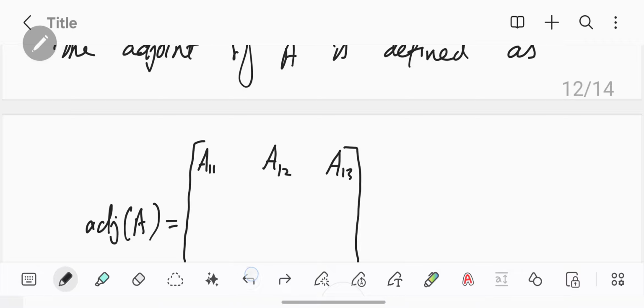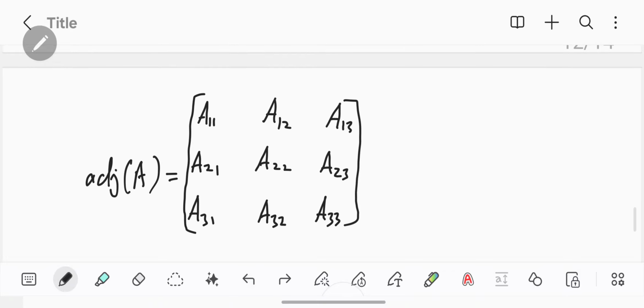The first row will be A11, A12, A13. This is for the cofactors, not for the general elements. The second row will be A21, A22, A23, and the last row is this one. So the adjoint of a matrix A is a matrix obtained by entering the cofactors of the matrix, but at the end you take the transpose of the matrix, and then you get the adjoint. So the adjoint is the transpose of the cofactors.